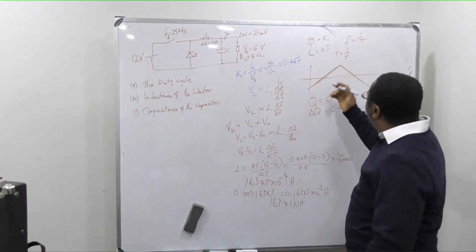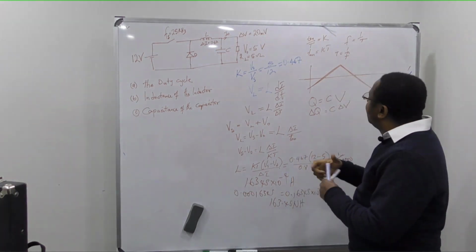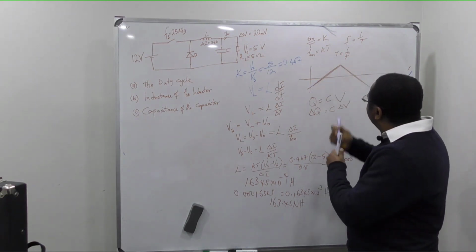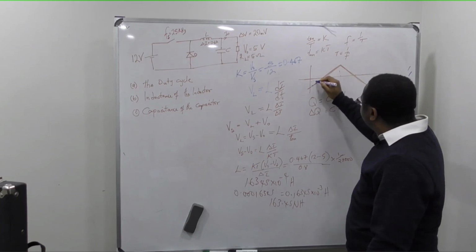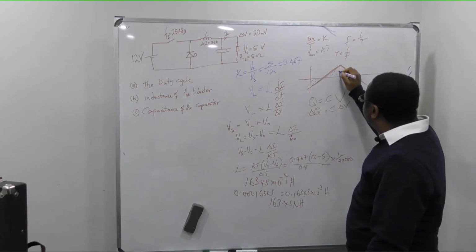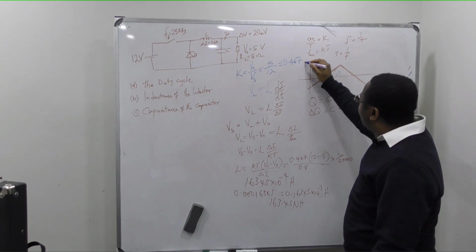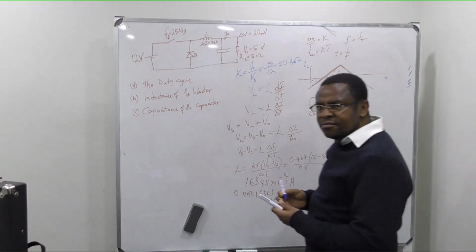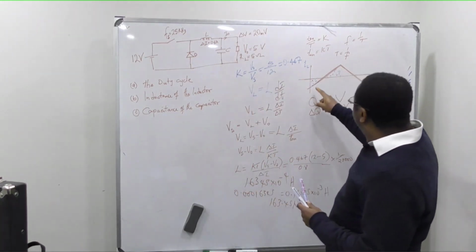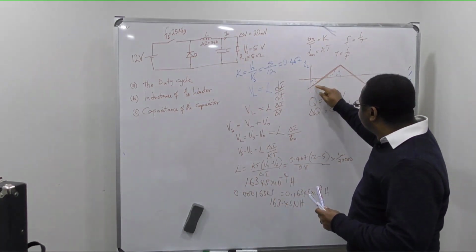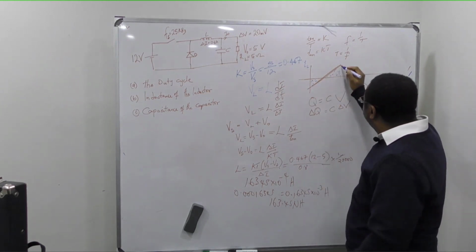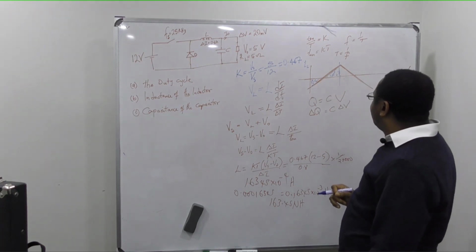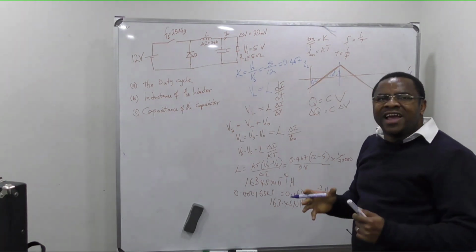And at time of on, for us to get the quantity of electricity, we'll be looking from here to there, which is supposed to be the whole of this and this, because this is your IC versus time, right? So by the time I get the area of this and the area of that, this is for the time of on, the whole of that. So that will give us the quantity of electricity.